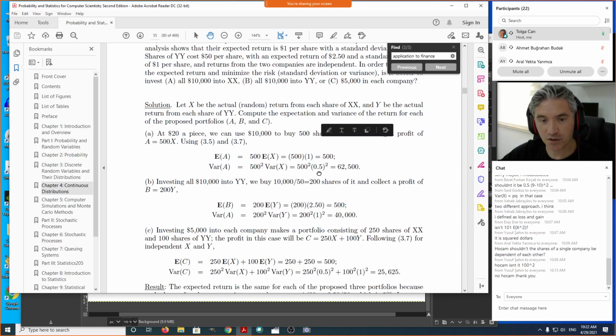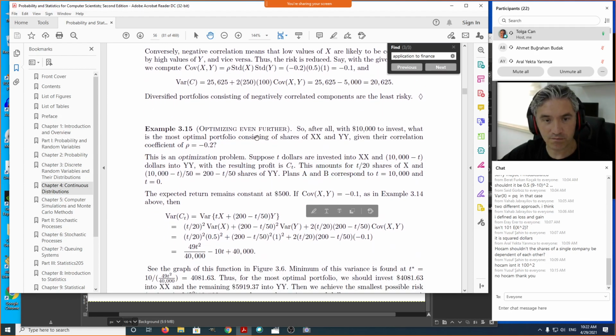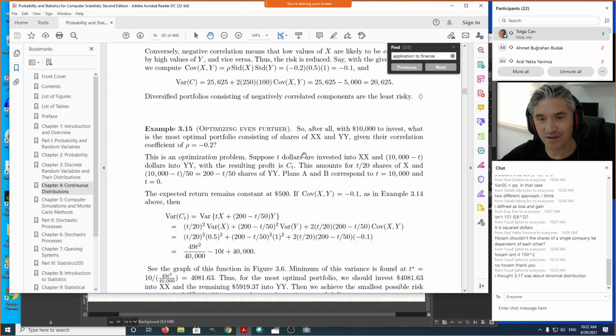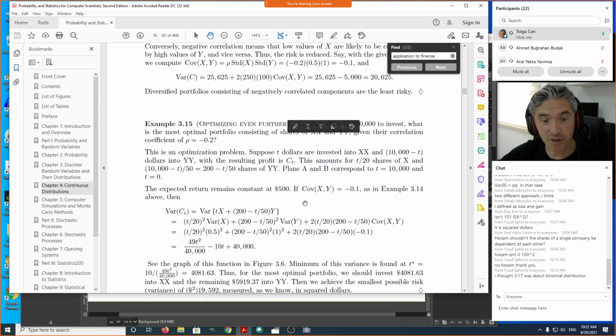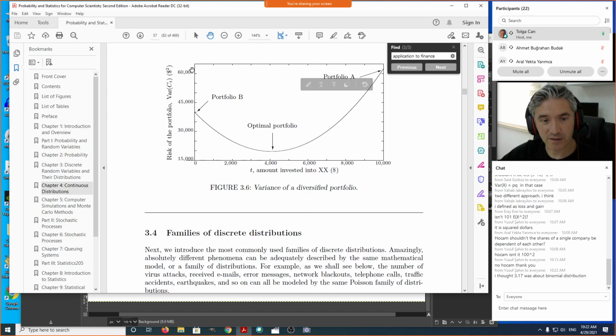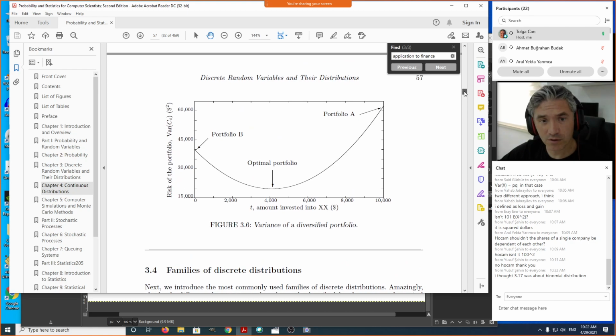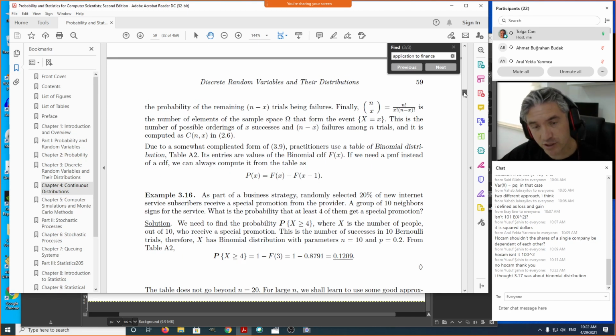So this application to finance is not included. Therefore, we shouldn't think about how to optimize your portfolio, these optimization questions, but it's all about computing the variances. And here, sometimes we also have the variance of a diversified portfolio. So this is not included, okay? You can also, yeah, it's like binomial distribution too.